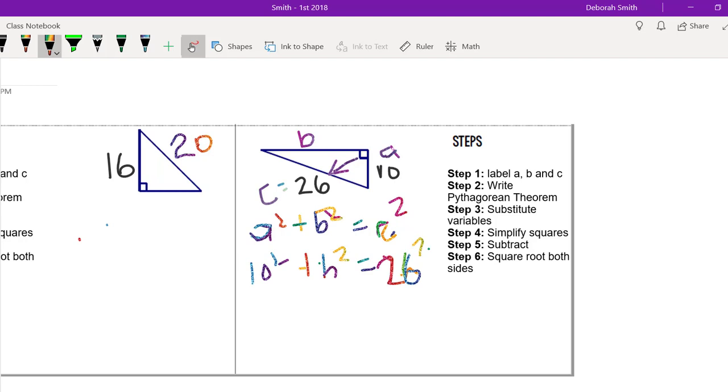Okay, and now we're ready to simplify the squares. So 10 squared is 100. Can't do anything with b squared yet. And then 26 squared is 676.